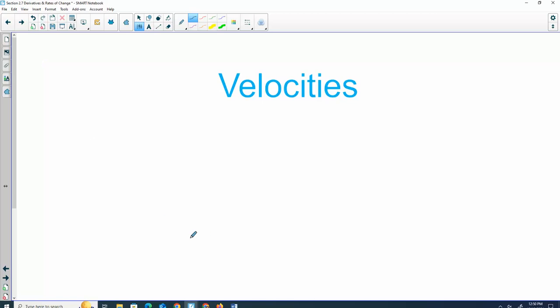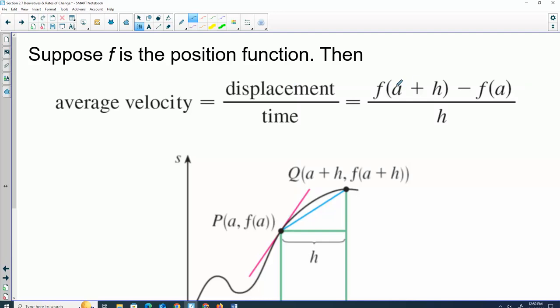So the last piece I want to do today, I want to go ahead and relate this to velocities, and that'll probably be where we leave off, and then we'll pick up with derivatives on Monday. So we know that average velocity is just a slope, right? Instantaneous is what those slopes approach. If I wanted average velocity, you just do y2 minus y1 over x2 minus x1.